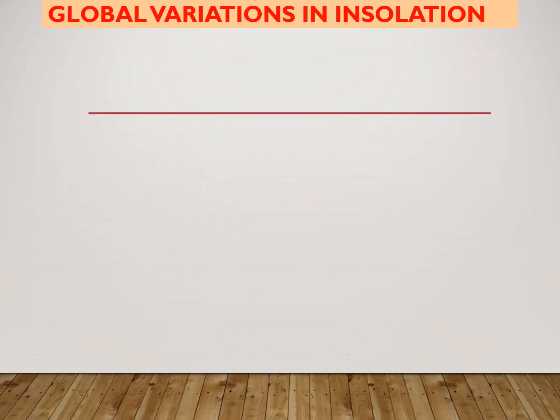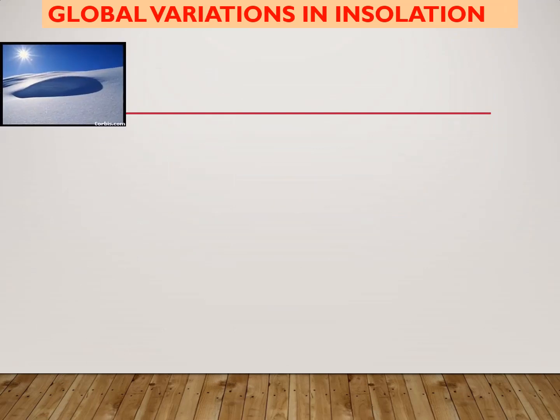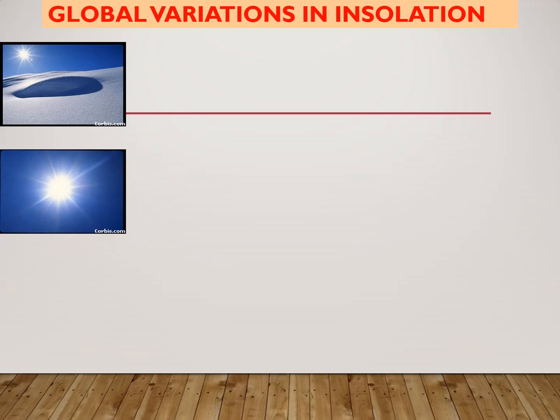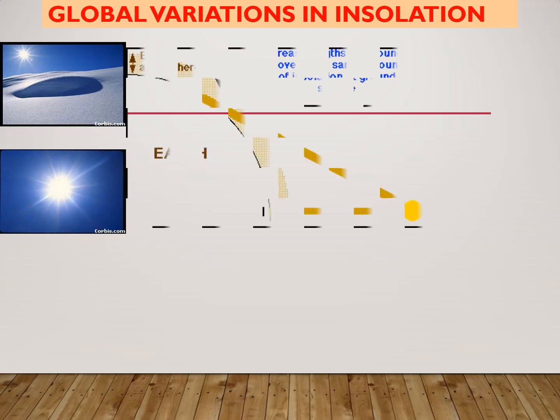Let's look at why there are global variations in the insolation received by the earth in different places. If you see these two pictures, this picture is of the morning sun where the insolation is distributed over a larger area, whereas this is a picture of the sun at noon where the insolation is distributed over a smaller area.